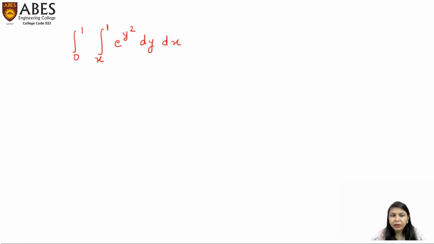So before starting the change of order of integration, we first need to understand why it is required. So in this question, the function is exponential y square and its order is dy dx. So we first want to know which is the limit of x and which one is the limit of y.